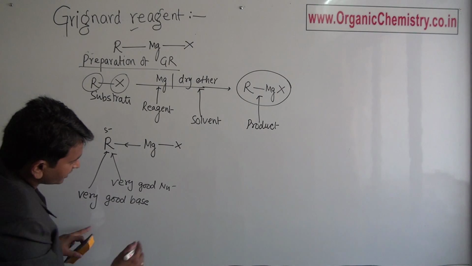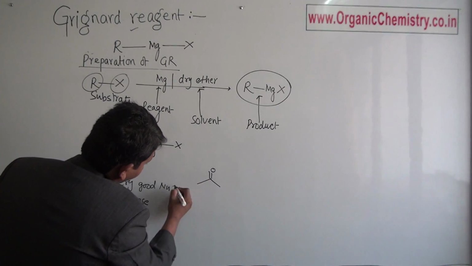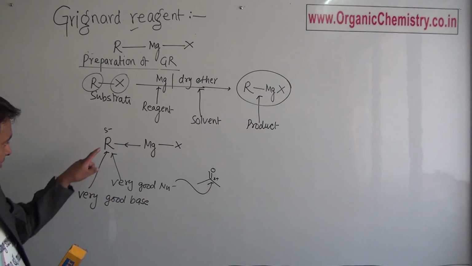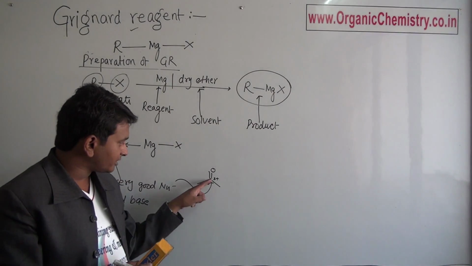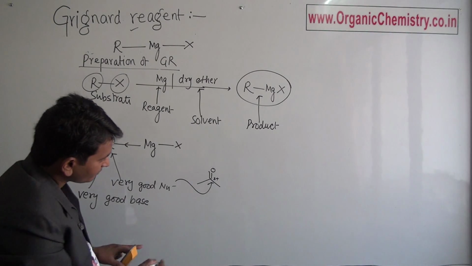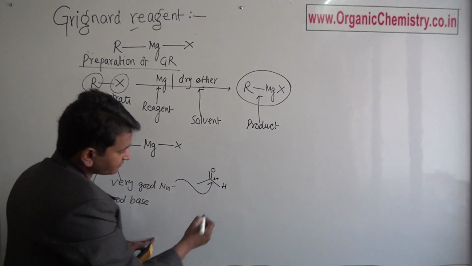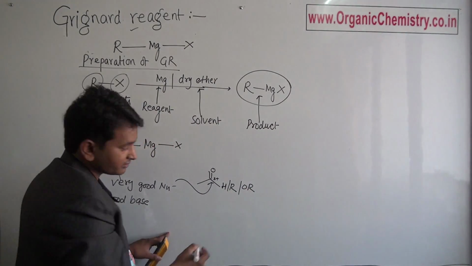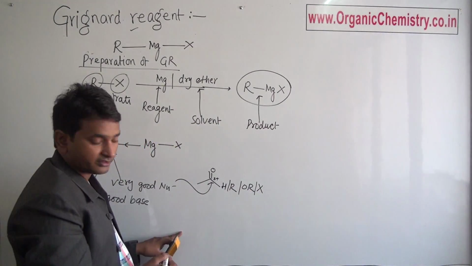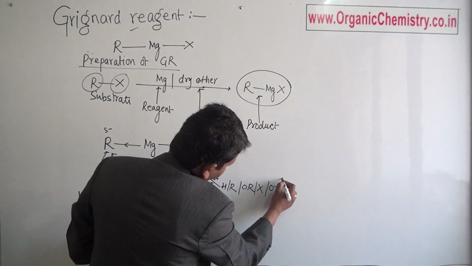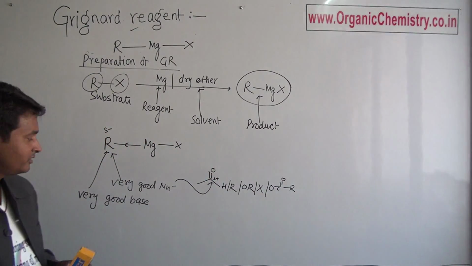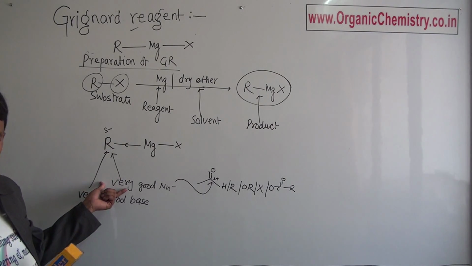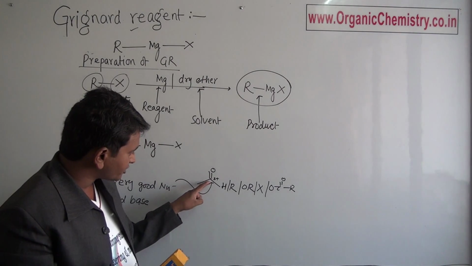So whenever there is a partial positive center, this R may act as a nucleophile to attack over this part. So aldehyde, ketones, ester, acid halide, even anhydride. The R alkyl part of RMgX is a very good nucleophile, so it may attack our partial positive center.